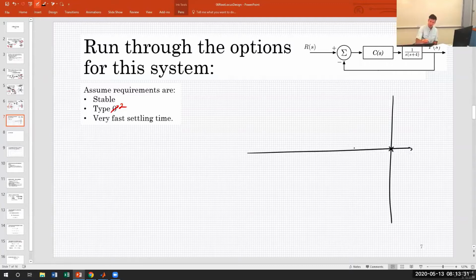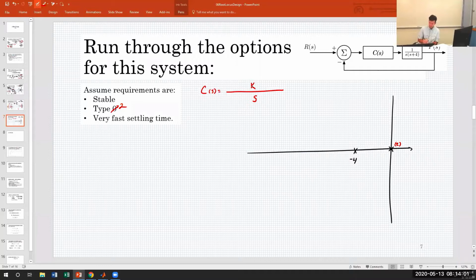And if we need a type 2 system, then we need 2 integrators. So we are going to have to add a second pole at the origin. So this means that our C of S has to be, at the very least, something over S. There could be other stuff, but let's see what happens if this is a simple integrating controller.